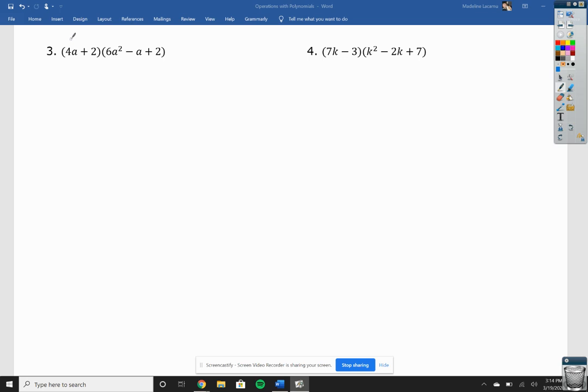So if we look here, this first one has 1, 2, 2 terms. The second one has 1, 2, 3 terms. So we're going to need a 2 by 3 box this time. And you can draw it any way that you want. If you want 2 on top, 3 down the side, that's fine. If you want 3 on top, 2 down the side, that's fine as well. Either way will work. So I'm going to do 3 down the side and 2 on top.